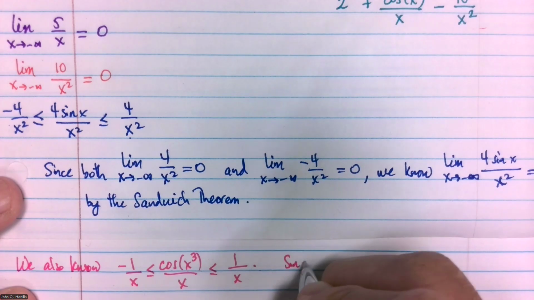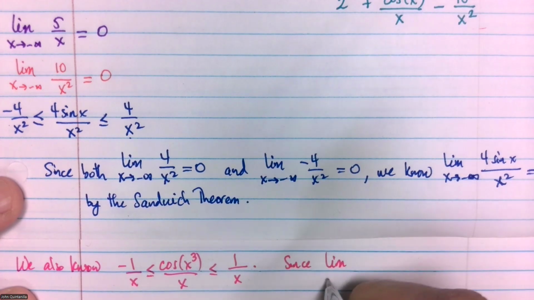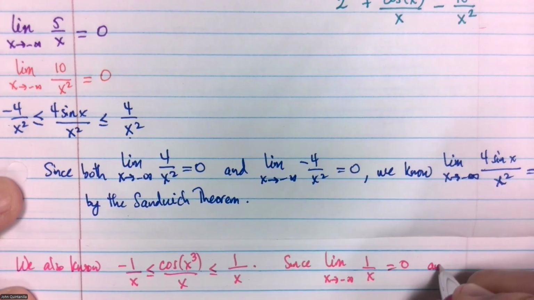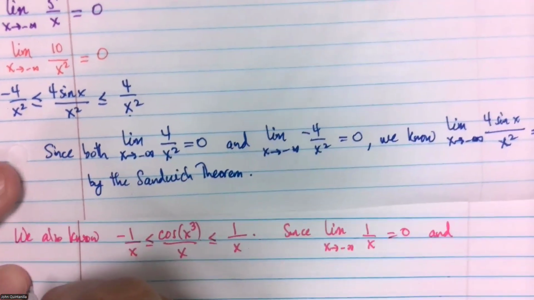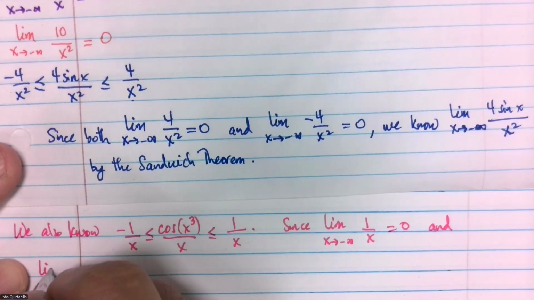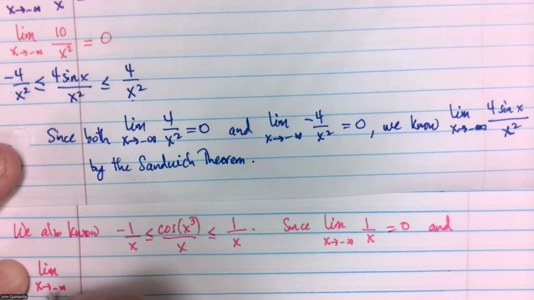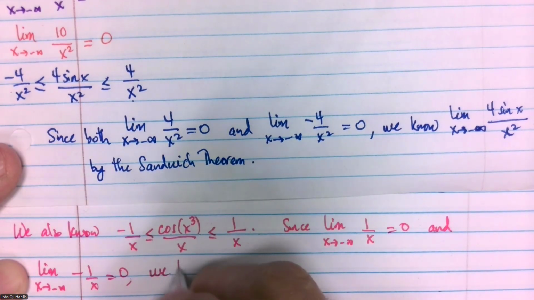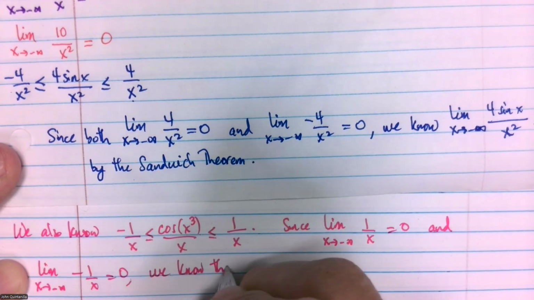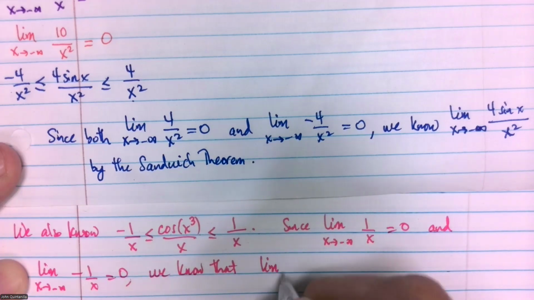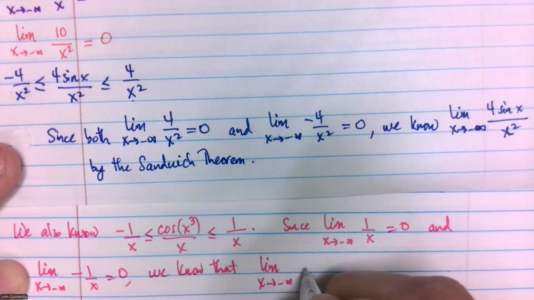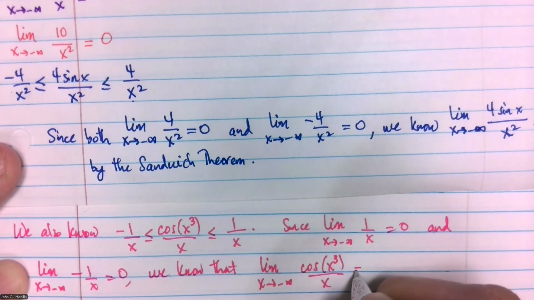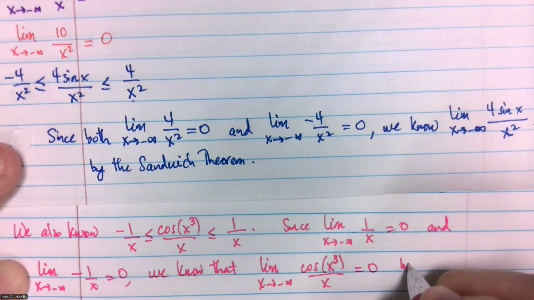Since the limit as x approaches negative infinity of 1 over x is 0, and the limit of negative 1 over x equals 0, we know that the limit as x approaches negative infinity of cosine of x cubed over x equals 0 by the sandwich theorem.